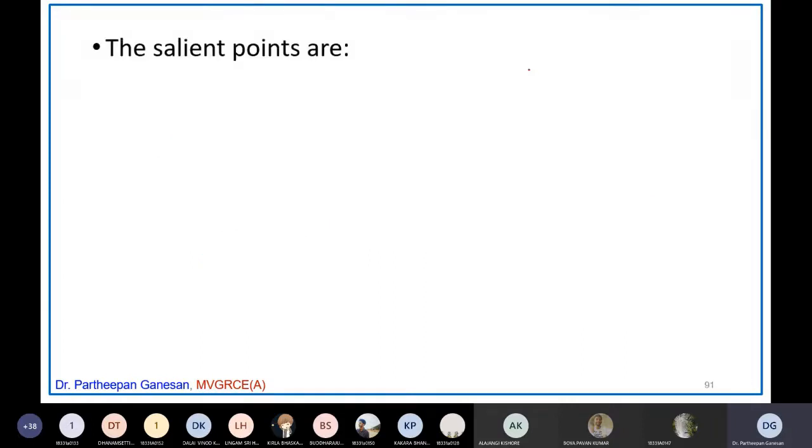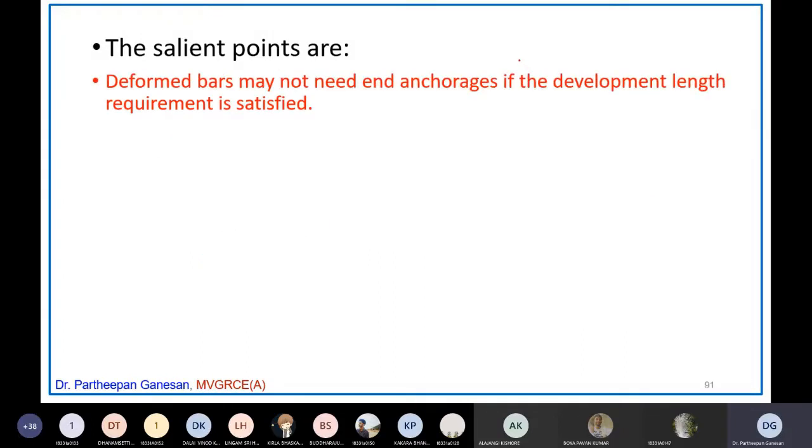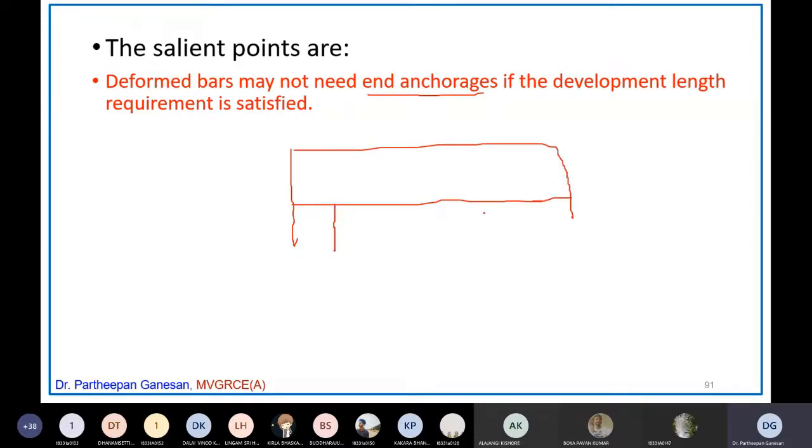Now, what are the salient points? Deformed bars may not need end anchorage if the development length requirement is satisfied. What does it mean? Suppose I have a simply supported beam like this. Now I have a load. Let us say I have provided tensile steel like this.